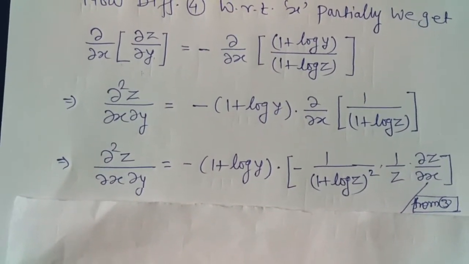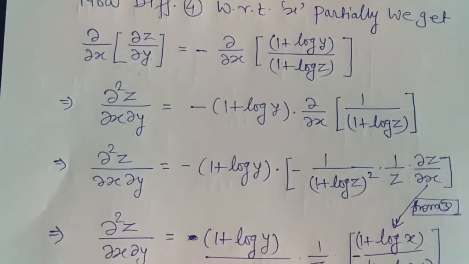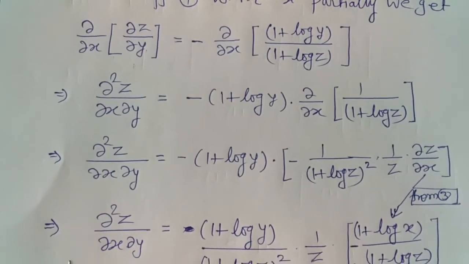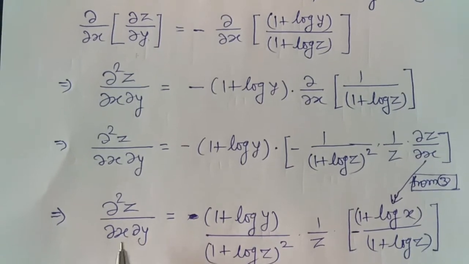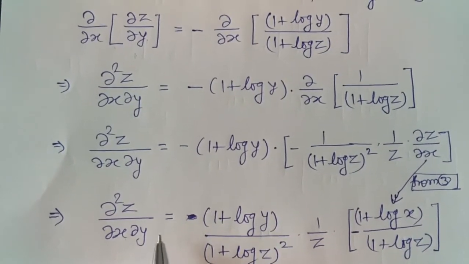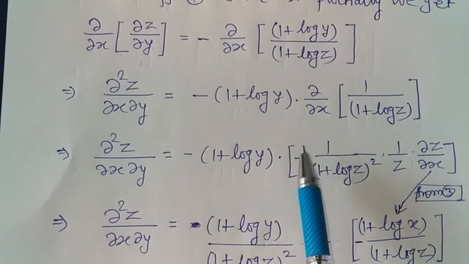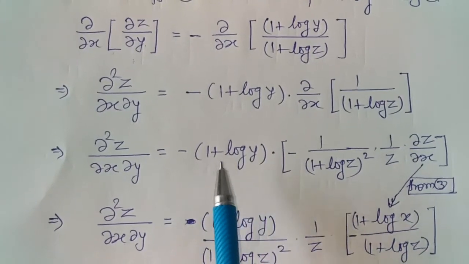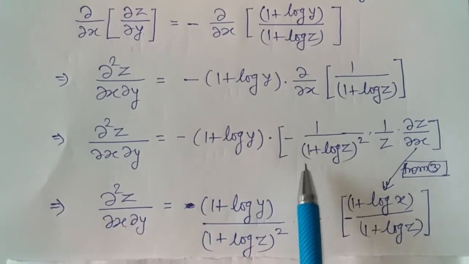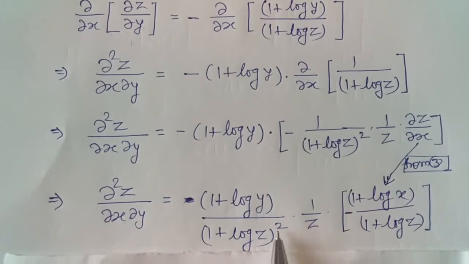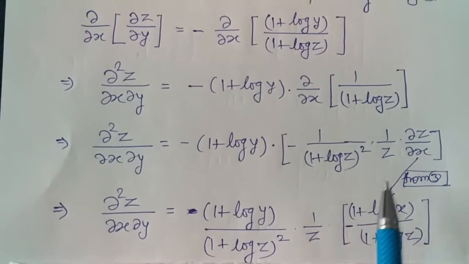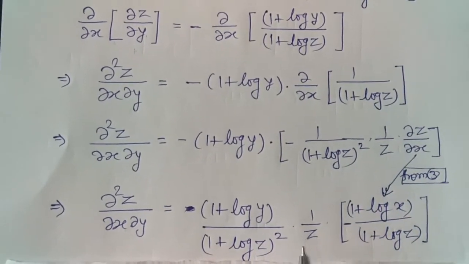Now del 2z upon del x del y is equal to, here negative negative positive, then we write 1 plus log y upon 1 plus log z whole square into 1 upon z.